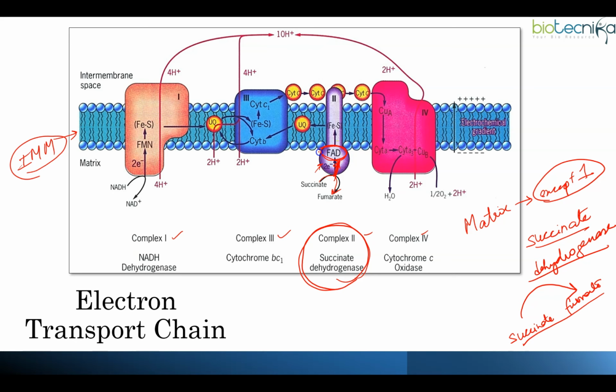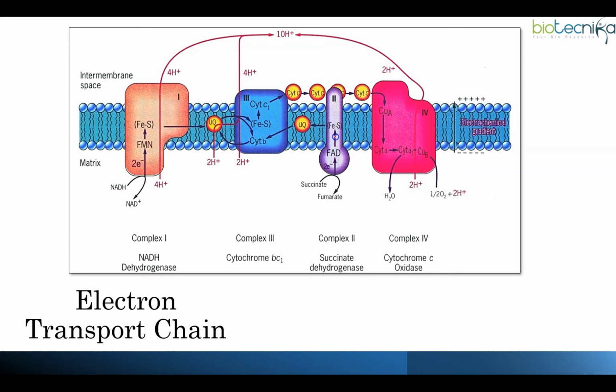FAD accepts electrons and makes FADH2. This FADH2 doesn't have to go anywhere; it will directly give the electrons to this iron sulfur center, and then the electrons are passed on further.